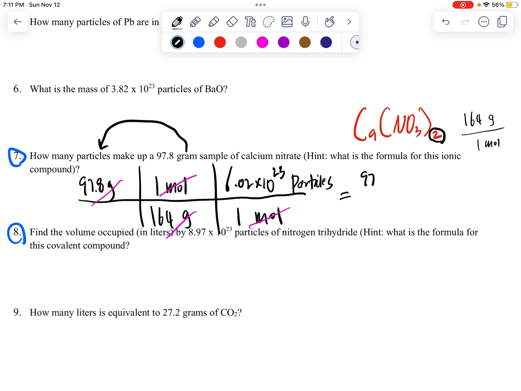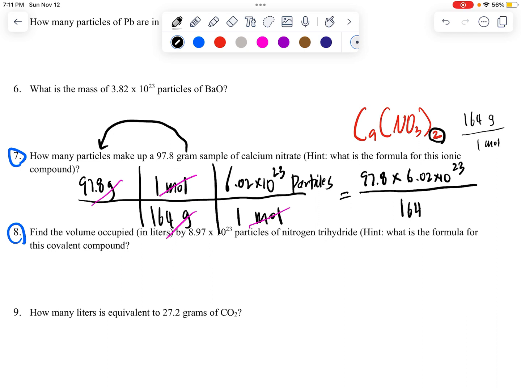So 97.8 multiplied by, I'm not going to write that 1 in the middle because that's unnecessary. All of that divided by 164. That's all you have to do. Here we go, I'm just punching this into my calculator.